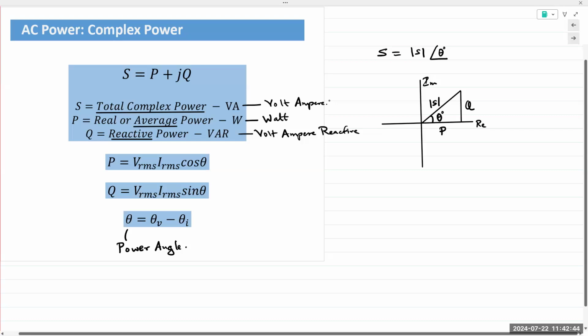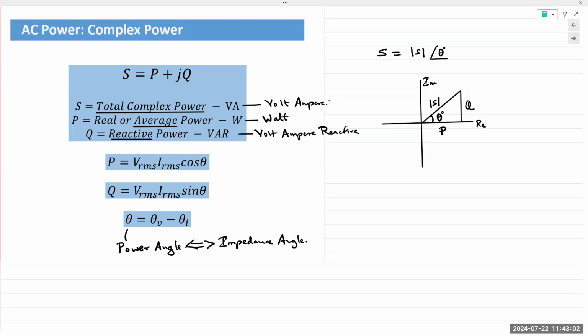Power angle is the same as the impedance angle for a component because it is the difference between the voltage and the current phases. Okay, the difference between the voltage and current. So again, AC power is noted by the use of complex numbers, noted by S. S is the total complex power.